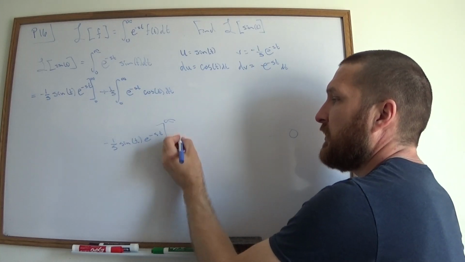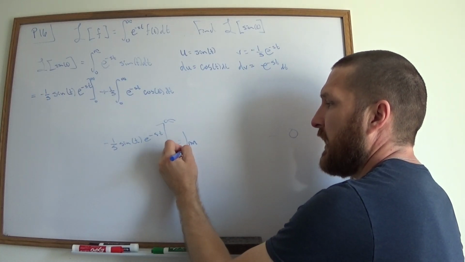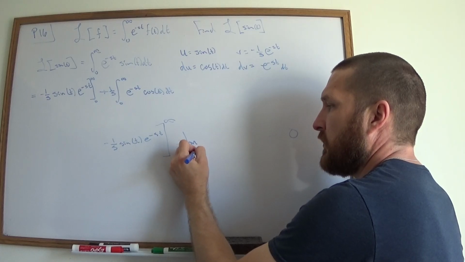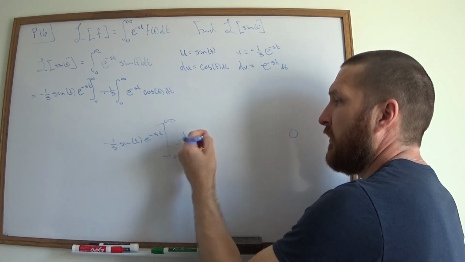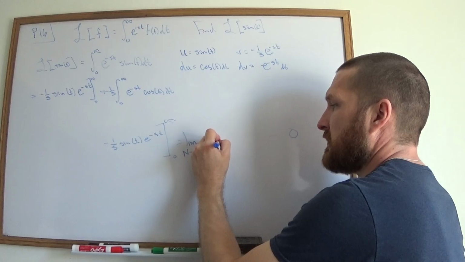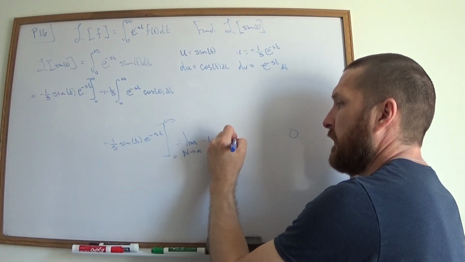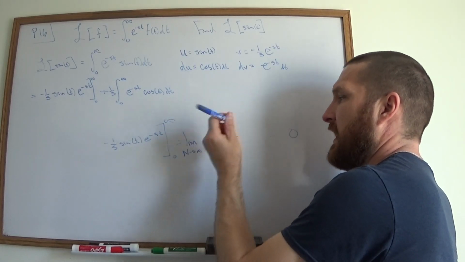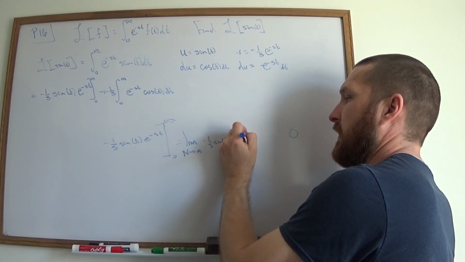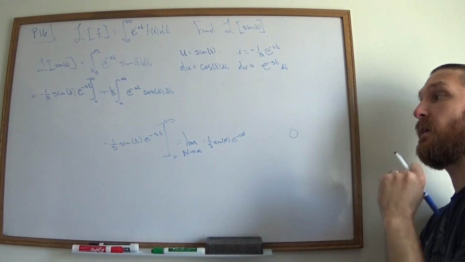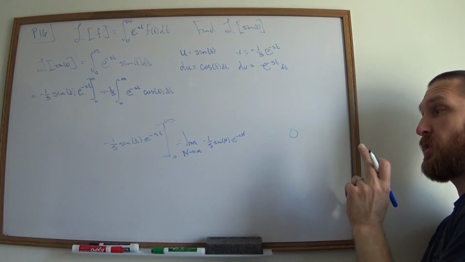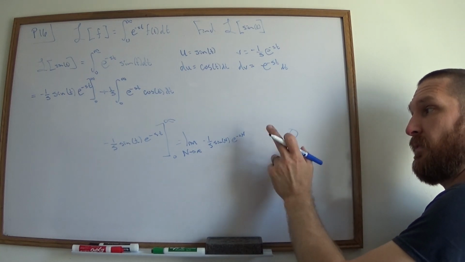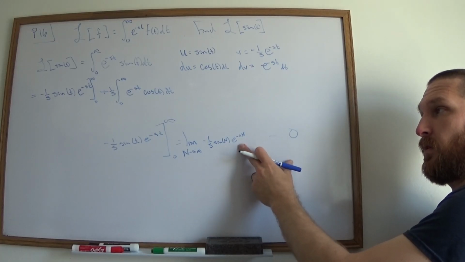The only other thing I need to do is take a limit as, let's call it n, goes to infinity of negative 1 over s sine big N e to the minus sn. Now we have to make an assumption, as long as s is a positive number, then this thing will converge.